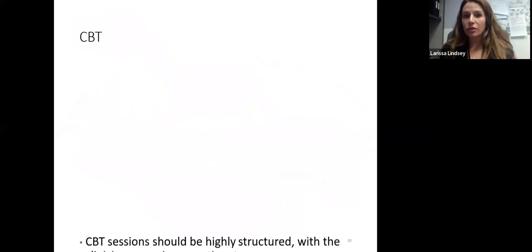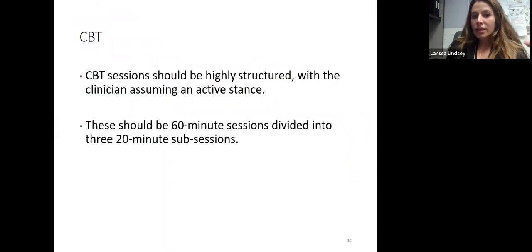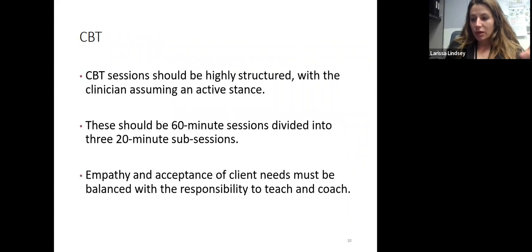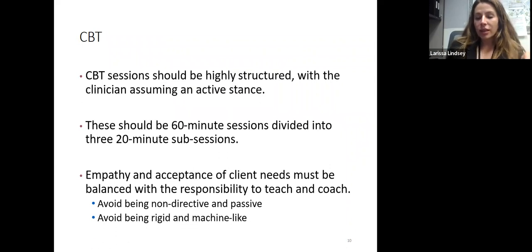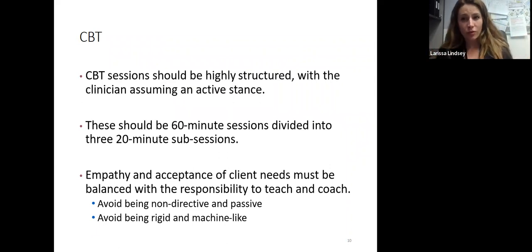So all of the sessions in CBT are intended to be pretty structured. Typically, it's a 60-minute or 55-minute traditional therapy session that's broken into 20-minute sub-sessions. And we're always trying to balance, we don't want to be overly mechanical or rigid, but it's also not a supportive therapy.